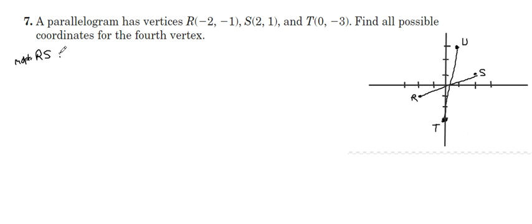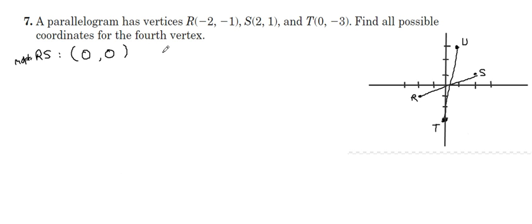It is simply the average between the two coordinates. If I look at my R and S coordinates and average the x's, -2 plus 2 is 0, 0 divided by 2 is 0. For the y coordinate, -1 plus 1 is 0, 0 divided by 2 is 0. So our midpoint is 0, 0.